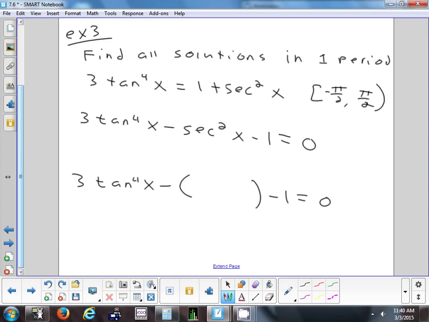Anybody remember what secant squared is? If not, you can go back and look that up on that page with all the identities. It's a Pythagorean identity.